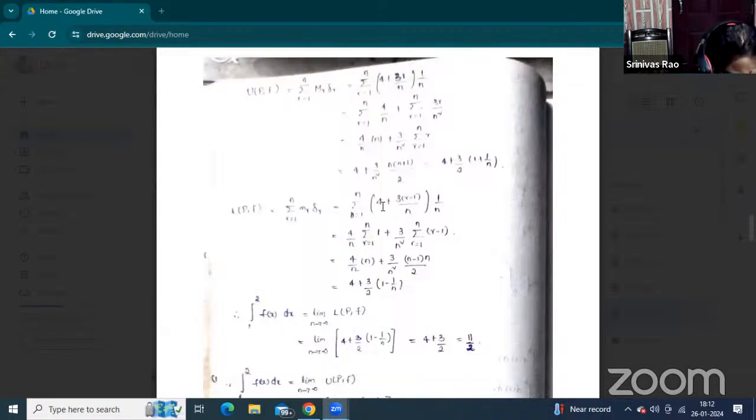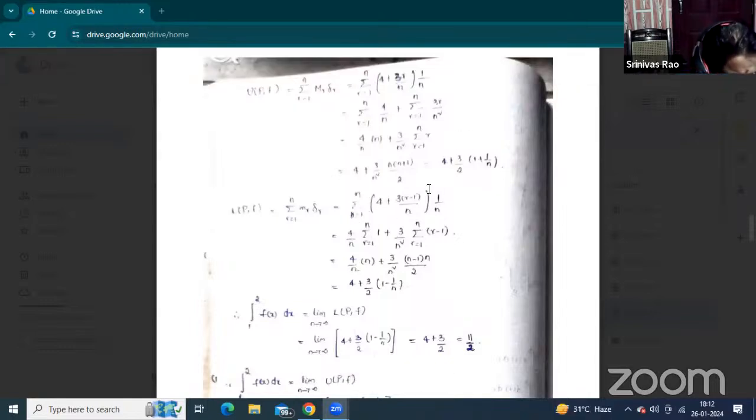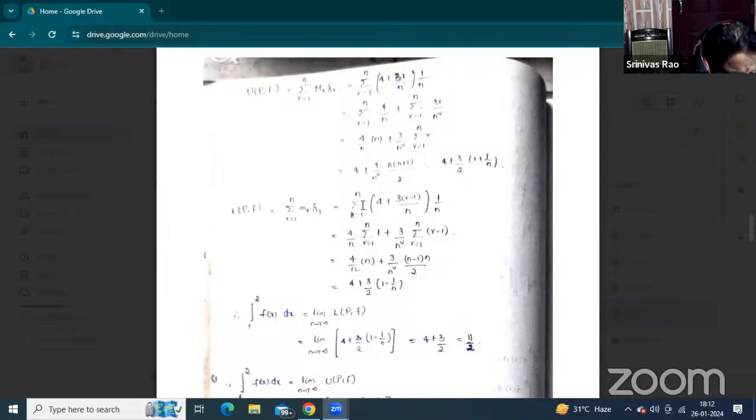After the simplification, this is 4 into the summation of 1/n, so 4/n is taken outside with the summation of 1. And 3/n² is also constant, with the summation of r minus 1. The summation of r minus 1 is also a sum of natural numbers, because r varies from 1 to n.